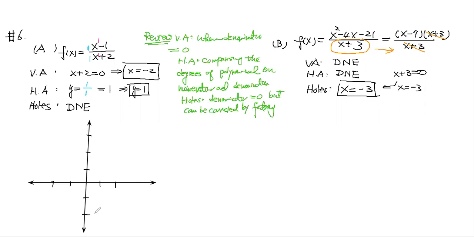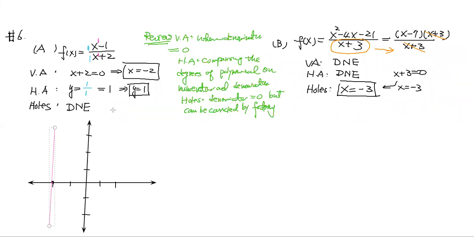The first thing in order to graph it: I know my vertical asymptote is at -2. So at -2 is here. Let's draw a line to show this is my vertical asymptote.